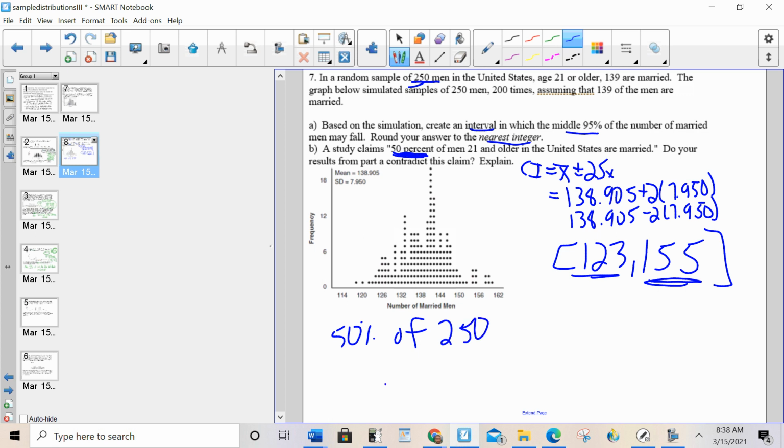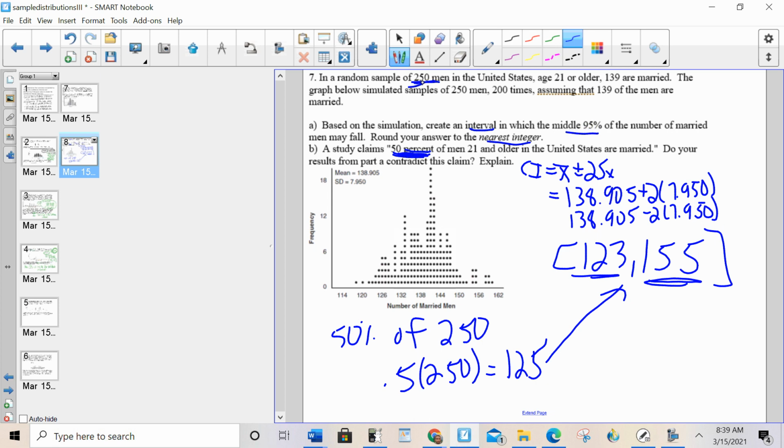So you have to do 0.5 times 250, which is 125. That's the value that you're looking at. And that was a little twist. Because the confidence interval represents number of men, it's a quantity. If it wants 50%, you have to find 50% of your sample.